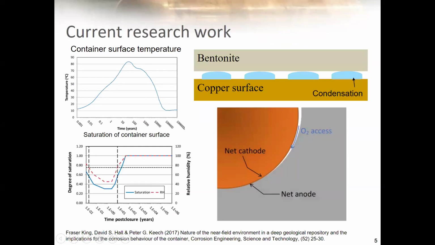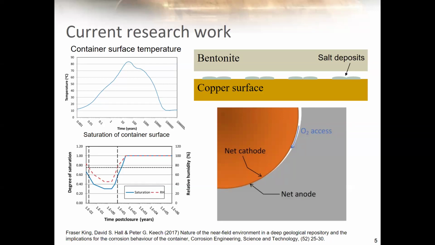Well, under these initial disposal conditions, what will happen is that the salt will initially be wet when you put these containers down within the DGR. There's going to be heat given off, but initially when you put them in there, there's going to be water present, and so you'll have water droplets formed on the actual container surface, which will very quickly end up being dried out by the heat given off by the container.